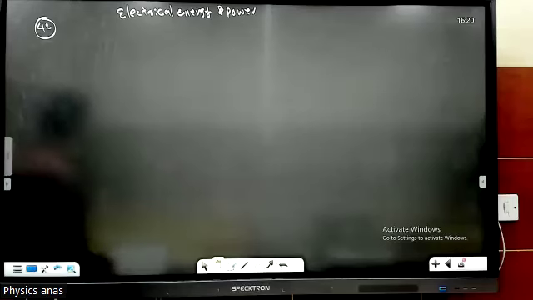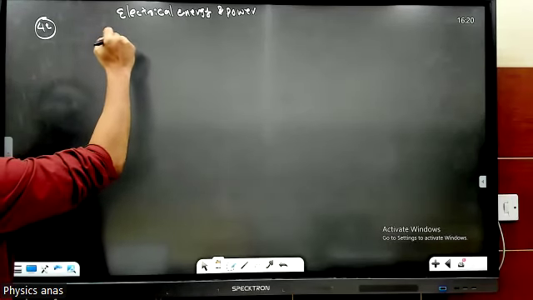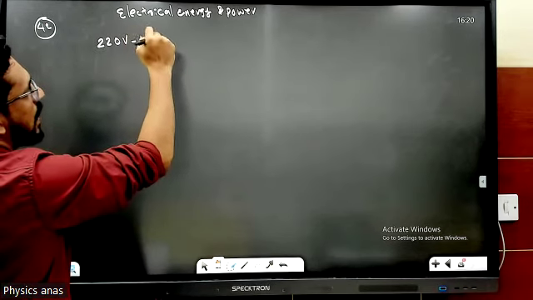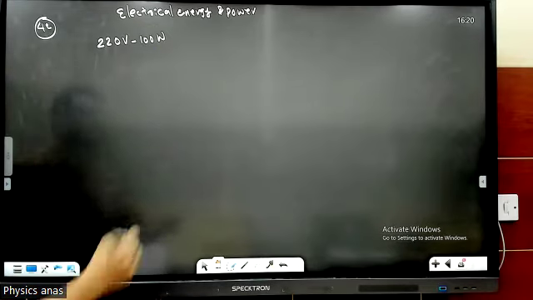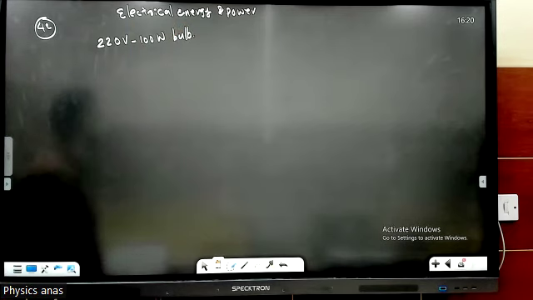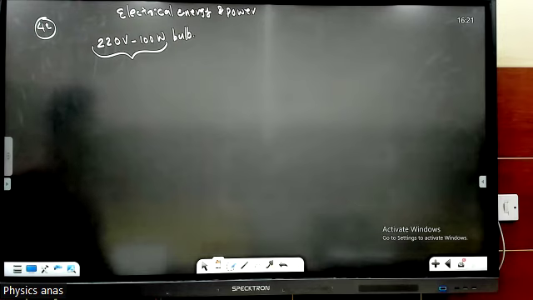Electrical power consumed by a 220 volt 100 watt bulb. You have a 220 volt 100 watt bulb. What is this value?